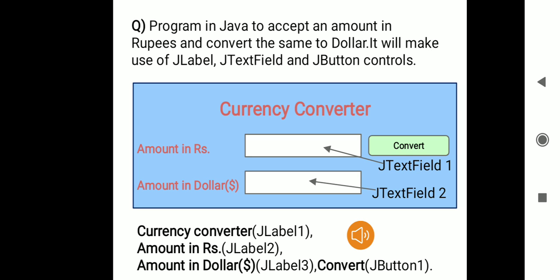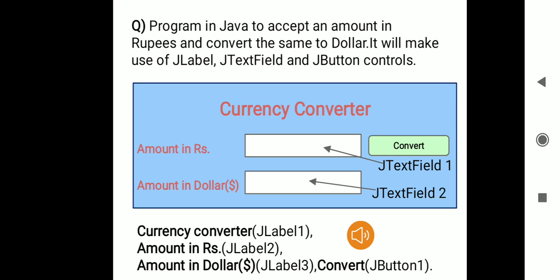There are two text fields, one corresponding to amount in RS and the other corresponding to amount in dollar, as you can see in the interface. Let us name the text field corresponding to amount in RS as JTextField1 and the text field corresponding to amount in dollar as JTextField2 using the property window in NetBeans.